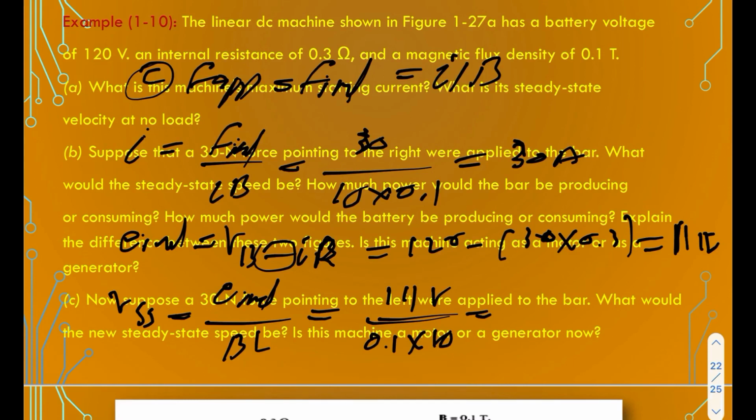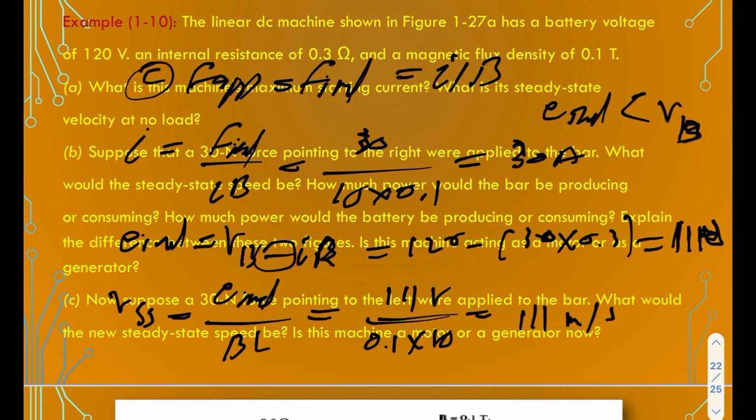Now the answer will be 111 meters per second. It is clear from the answer here that E induced is less than V_B, so the machine will act as a motor.